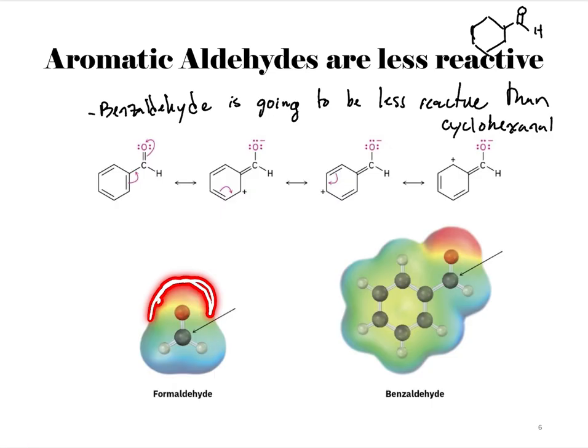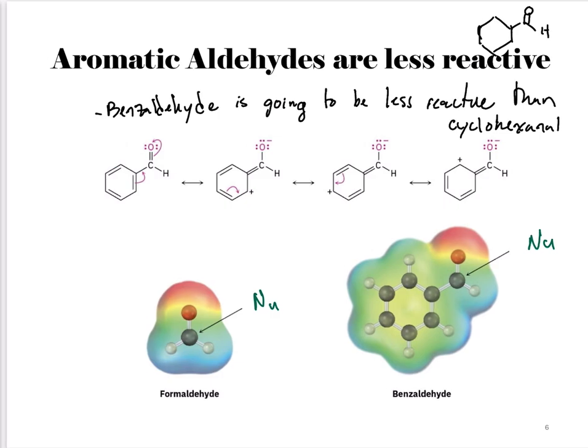And how easy it is for the nucleophile to come in and attack in each of these cases depends on the amount of blue in this electron density map, right? So for something like formaldehyde, which is the non-aromatic aldehyde, it's going to be easier because there's more blue. It's going to be more positively charged or more electrophilic. It's going to be easier for the nucleophile to reach there.